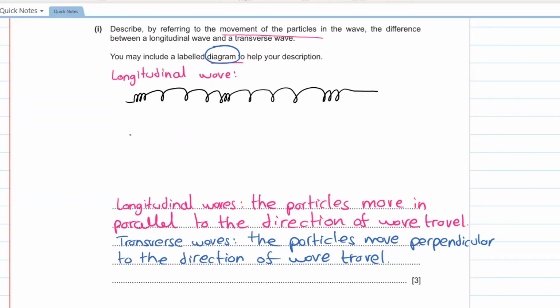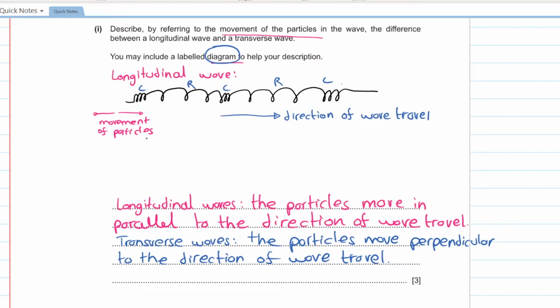You can say this is the movement of particles, and this is the direction of wave travel. This is a compression, rarefaction, compression, rarefaction, compression.